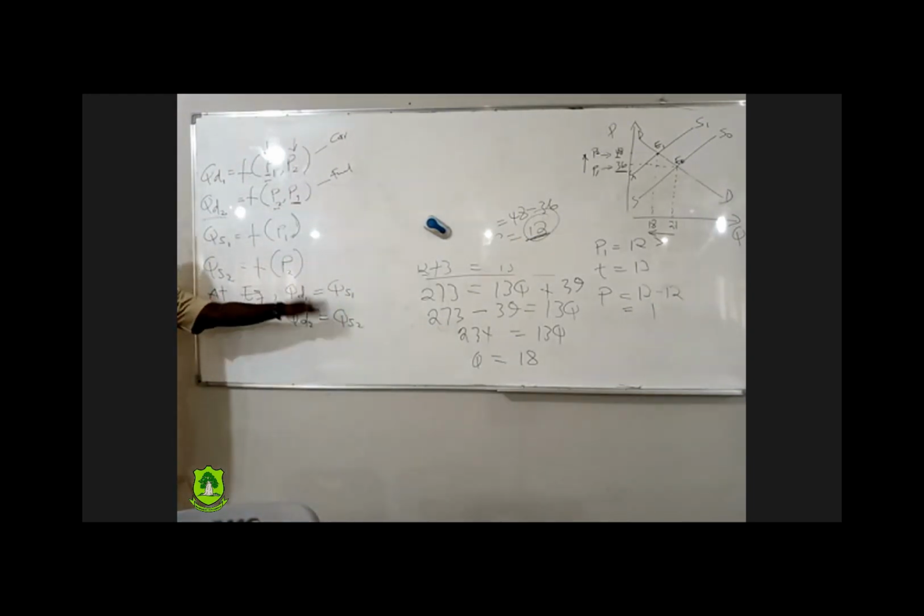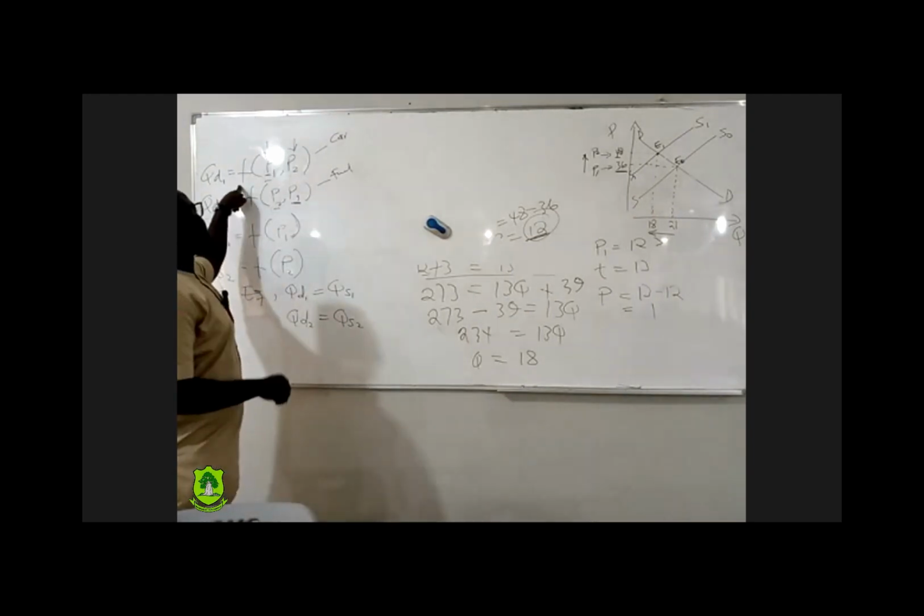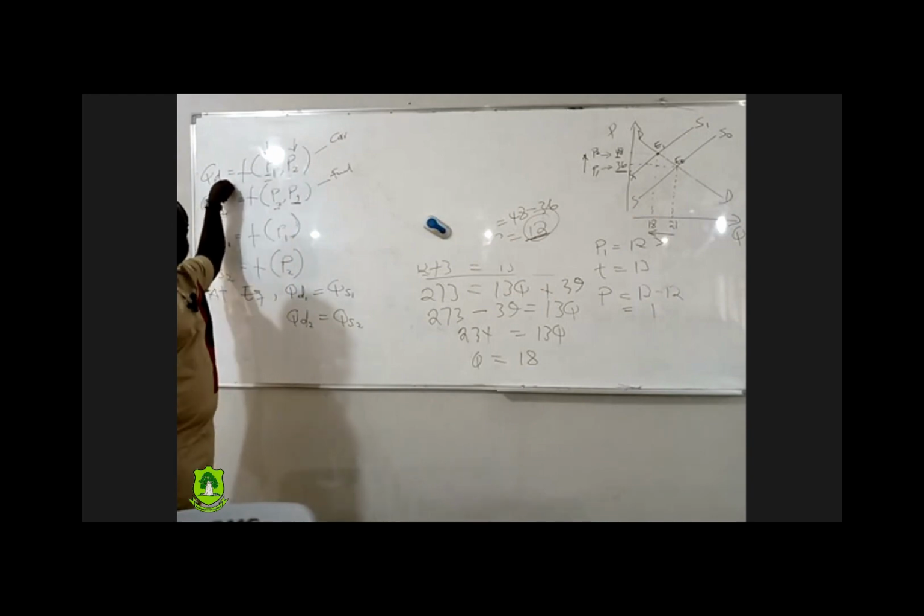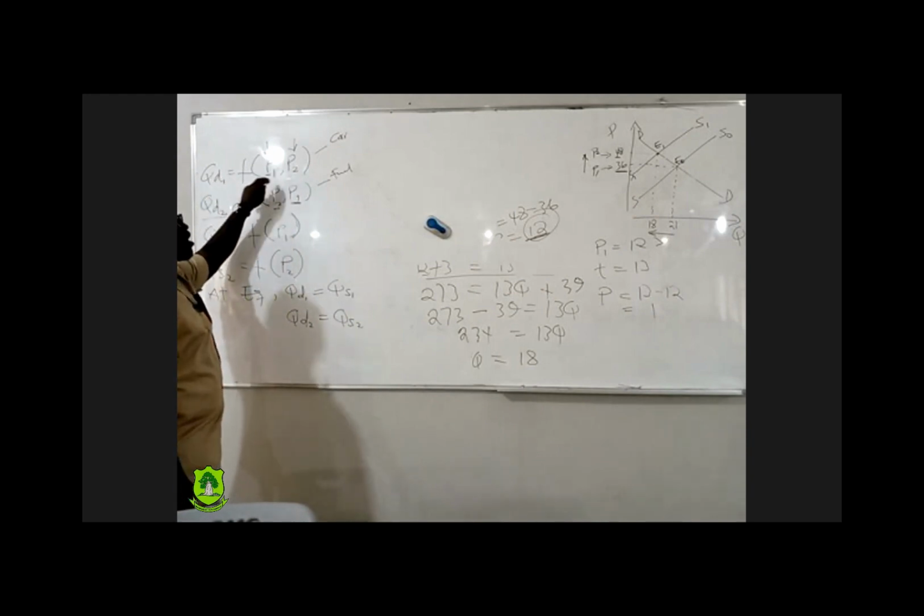Then you work the two out. Now, this is written in an implicit or compact form. Let's expand this one and see.